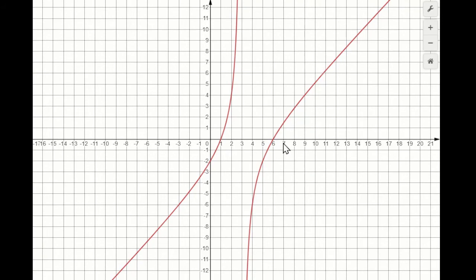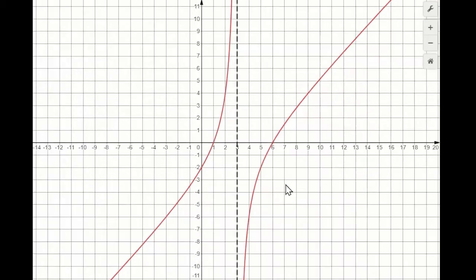Since the vertical asymptote is not the main focus of our current discussion, I'll just say it, and you have learned enough to verify what I'm showing here. So we do have a vertical asymptote at x equals 3.